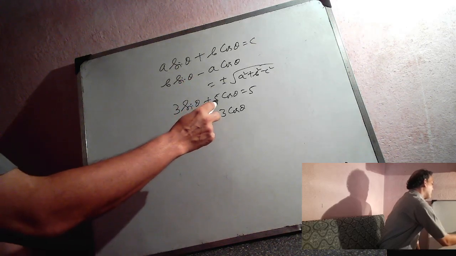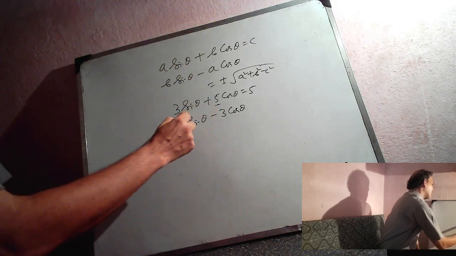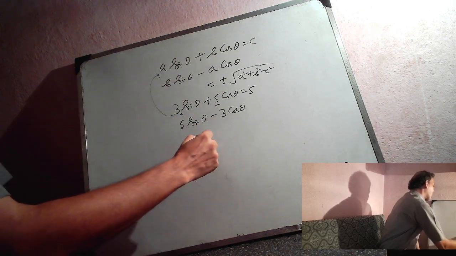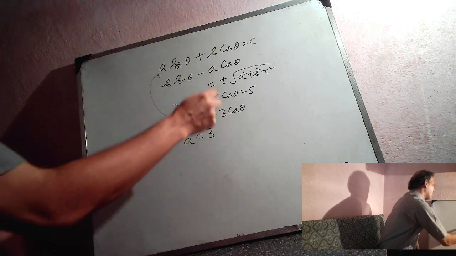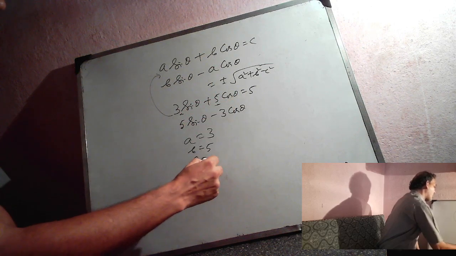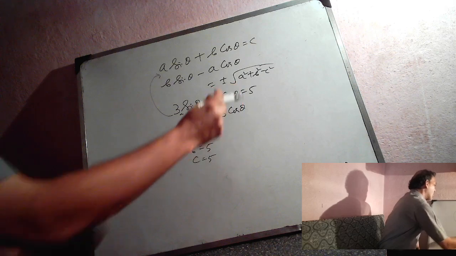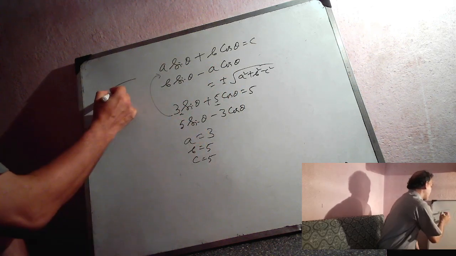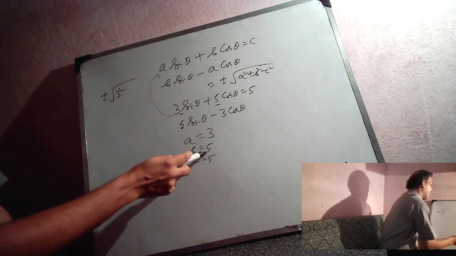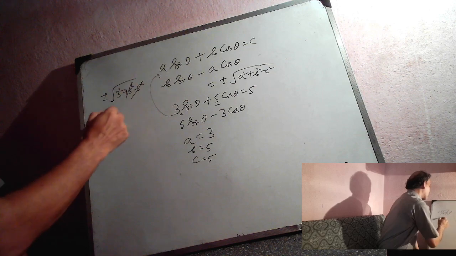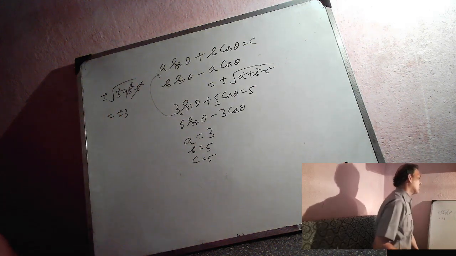We need b sin theta minus a cos theta. Comparing, we can say a equals 3, b equals 5 and c is also 5. So put the values: plus minus root of a square, 3 square, plus b square, 5 square, minus c square. So plus minus 3.